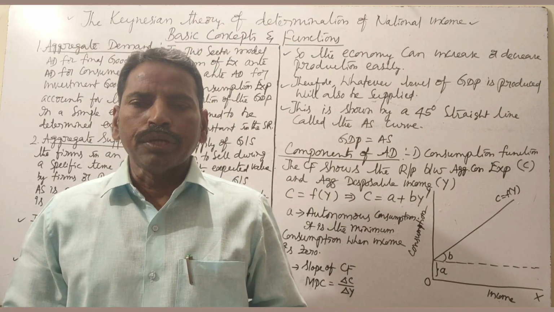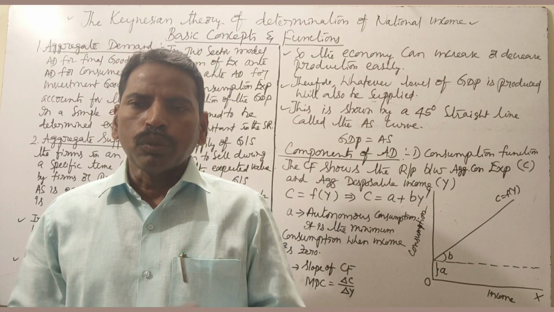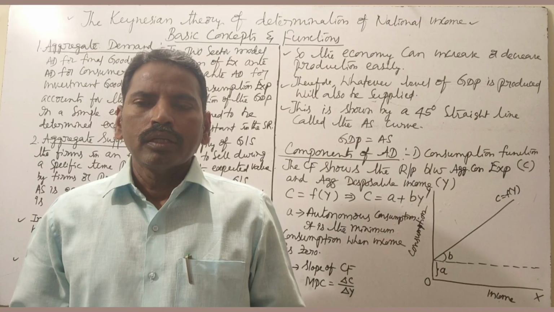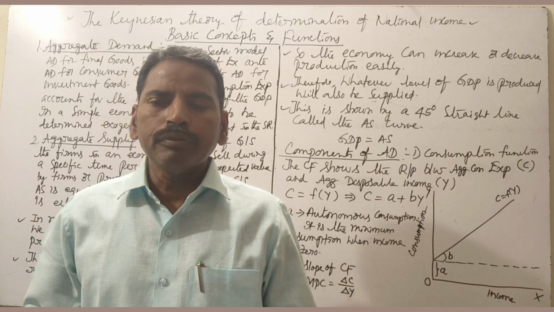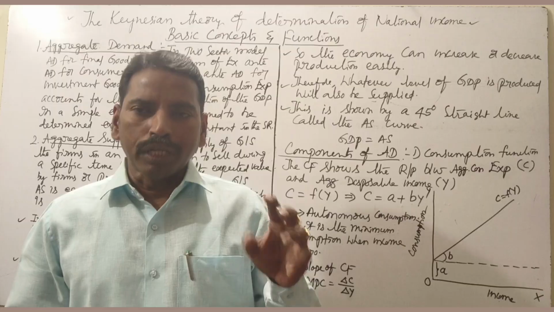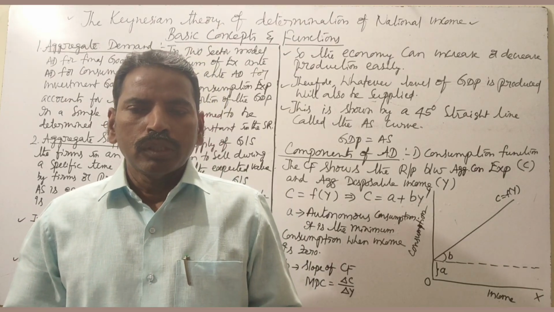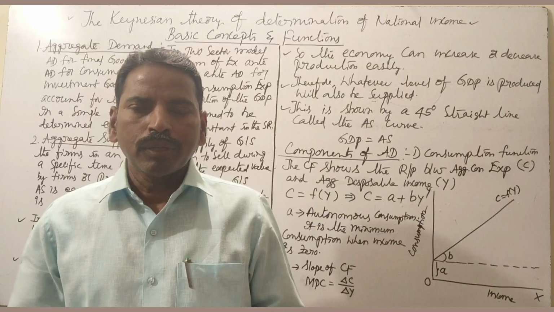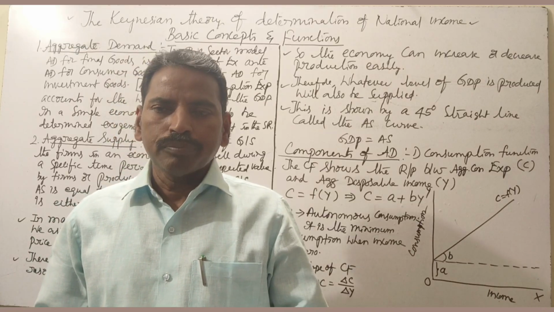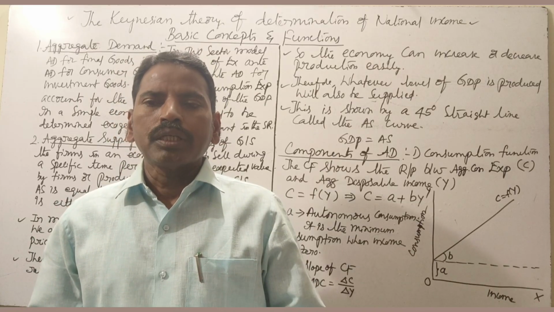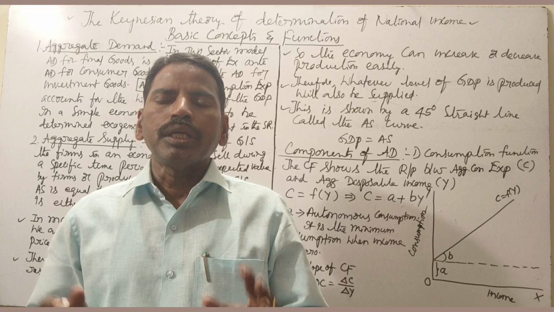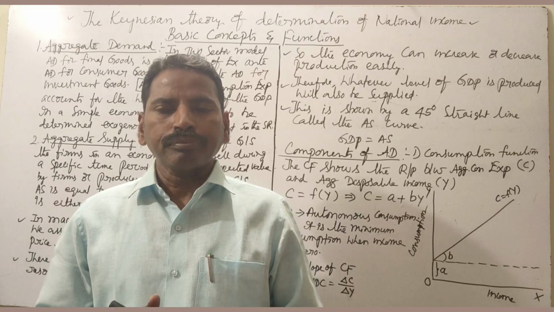Today in this video, we are going to understand the Keynesian theory of determination of national income. In this chapter, we will discuss basic concepts and functions of Keynesian theory in a two-sector model.